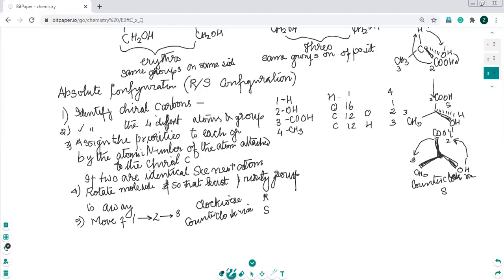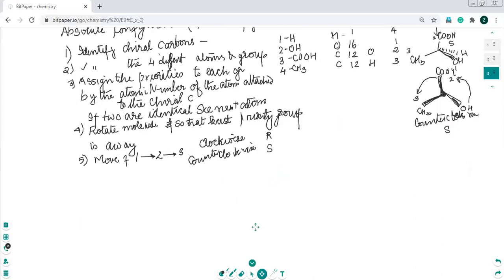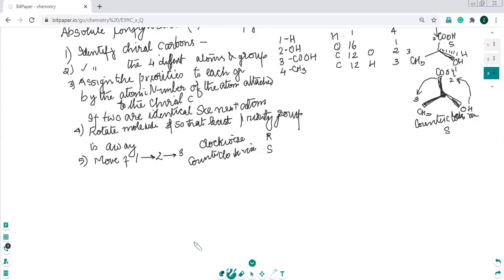Now the same thing I can repeat. We can do this with a Fischer projection. Look here. Okay. Now, in this case it is very simple.